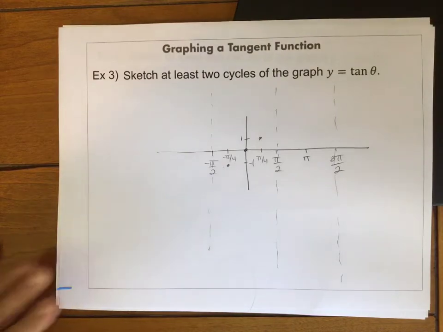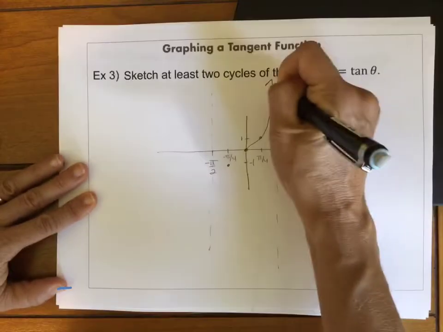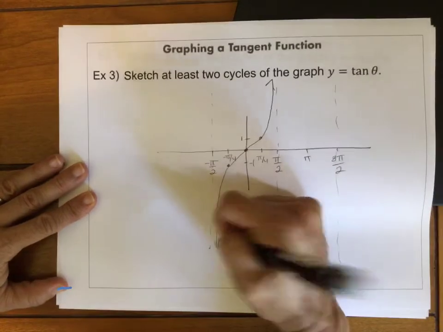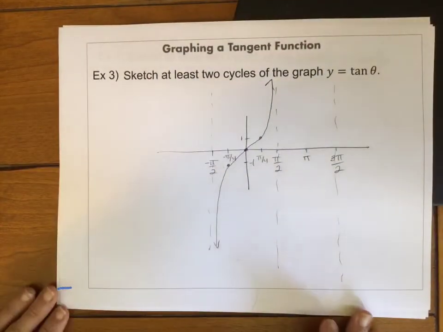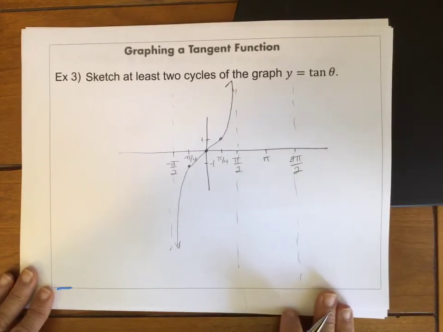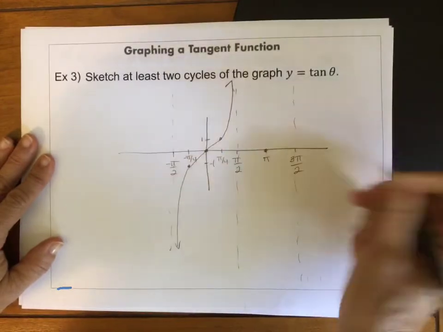And then I draw in the curve approaching the vertical asymptotes from both sides. So on this way, I come up like this. And towards this asymptote, I go down like that. Now I'm going to do it one more time. Halfway between my 2 vertical asymptotes is my 0.